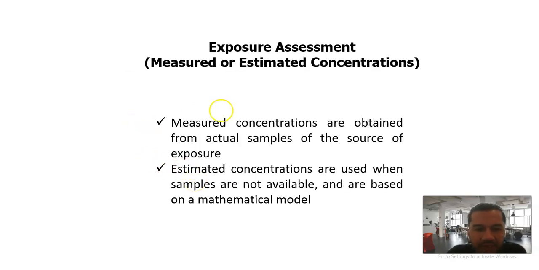Another parameter that we have to look into is measured or estimated concentrations. Measured concentrations are obtained from actual samples of the source of exposure. So we do the sampling, collect the real samples, and do some analysis on the samples.